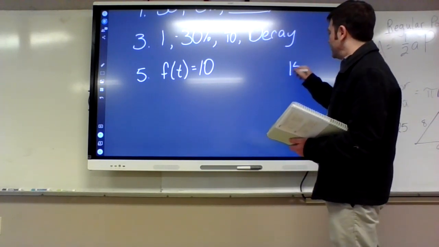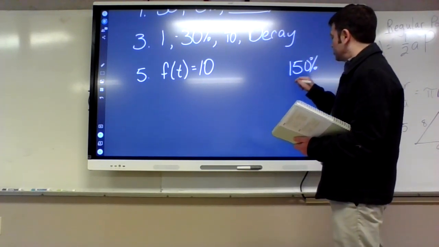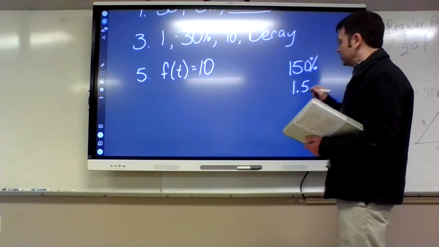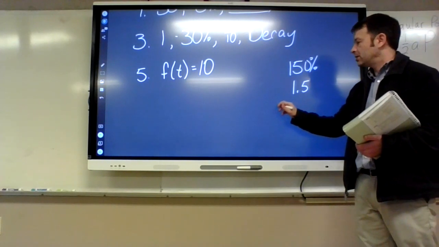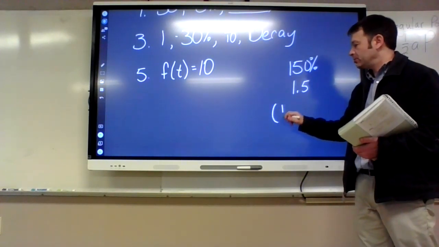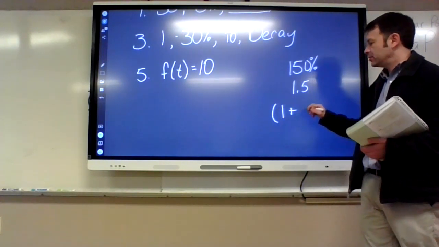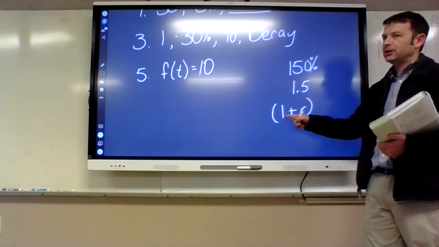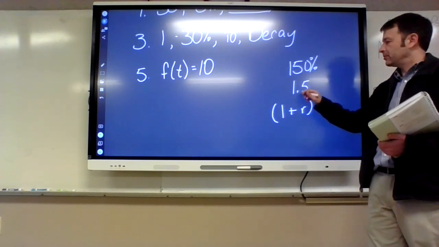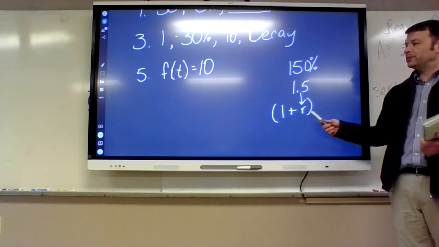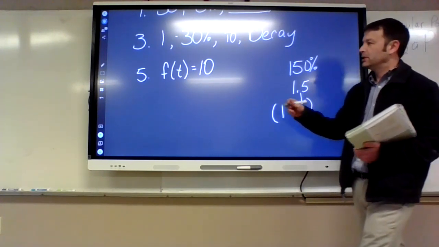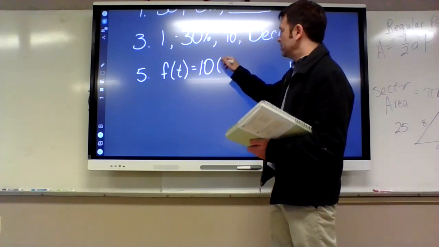Okay, 150% is 1.5, but what do I put in parentheses? In parentheses you put whatever 1 plus the growth rate is, right? So if the growth rate is 1.5, what's 1 plus 1.5? 2.5. So in parentheses we're going to put 2.5.